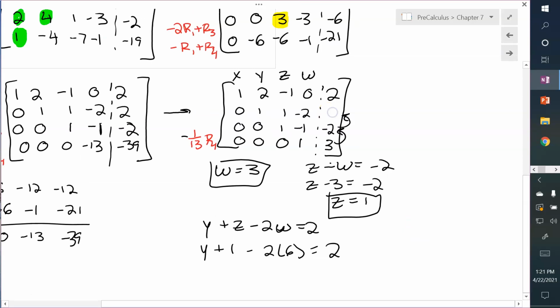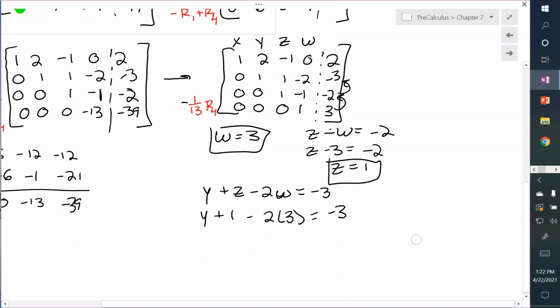This is -3. Okay, so when I do this, that equals -3. All right. And then W I had was 3. I don't know why I put 6 there. So always check your details. So I get Y is going to equal 2.